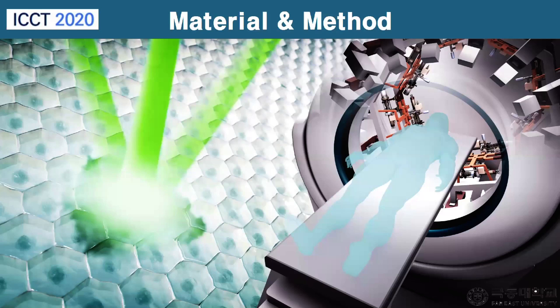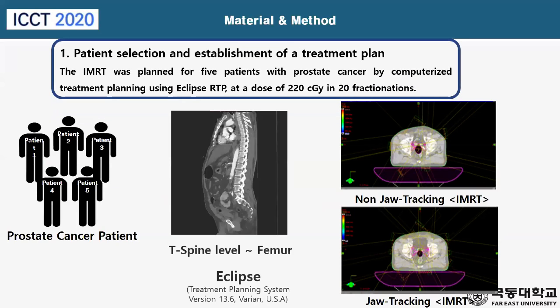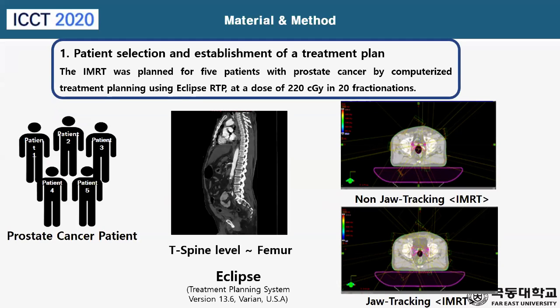Material and method. 1. Patient selection and establishment of a treatment plan. The IMRT was planned for 5 patients with prostate cancer by computerized treatment plan using Eclipse RTP at a dose of 220 centigray in 20 fractionation.